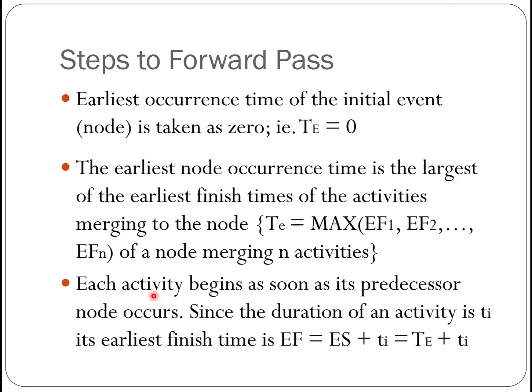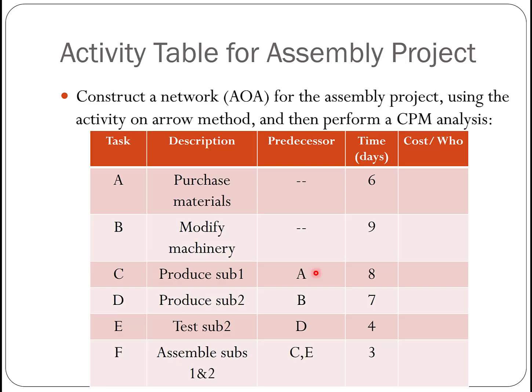And each activity begins as soon as its predecessor node occurs, so the earliest finish time equals the earliest start time plus the activity time, or the event time plus the activity time. Again, we'll illustrate this in our example here.